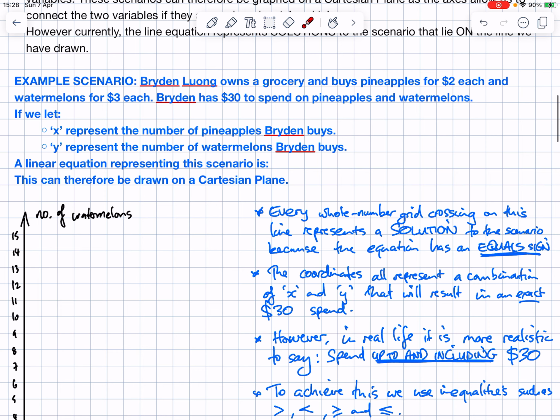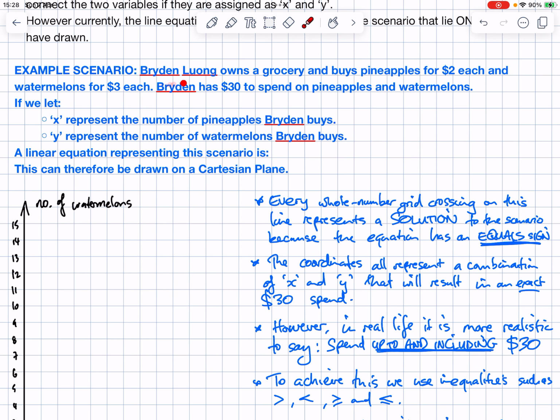So, to illustrate that, we'll go through this scenario. Bryden Luong owns a grocery and buys pineapples for $2 each and watermelons for $3 each. Bryden has $30 to spend on pineapples and watermelons. So if we let x represent the number of pineapples Bryden buys and y represent the number of watermelons Bryden buys, a linear equation representing this scenario would be: the pineapples cost 2, so it's going to be 2 times the number of pineapples he buys, which is x, plus the cost of watermelons, which is 3, and the number that he buys is y.